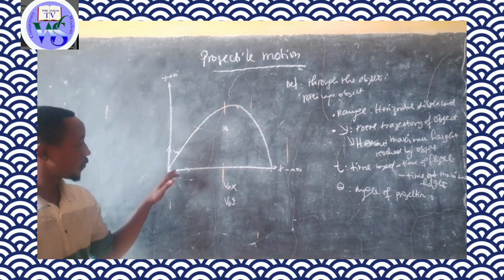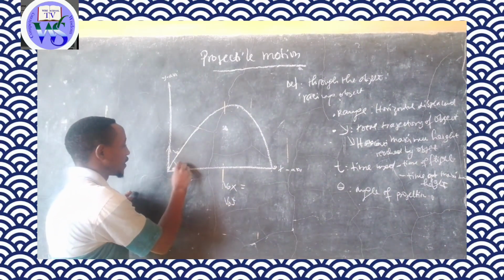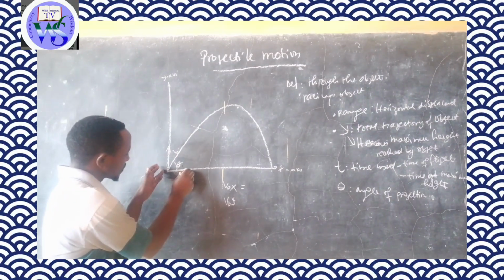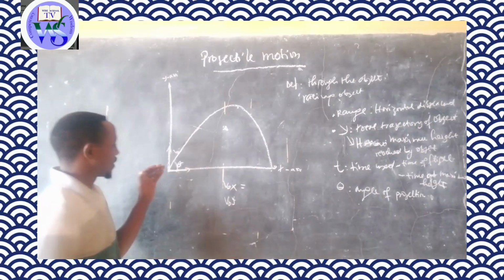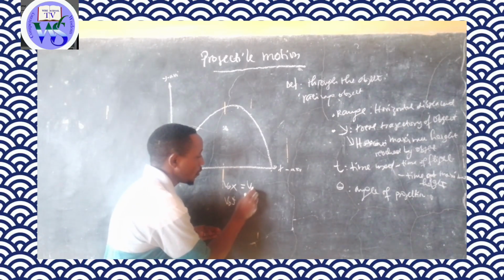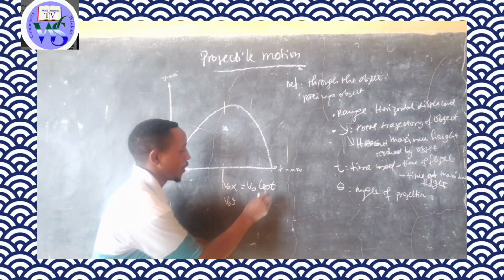The initial velocity for x is V0 cosine of angle theta.